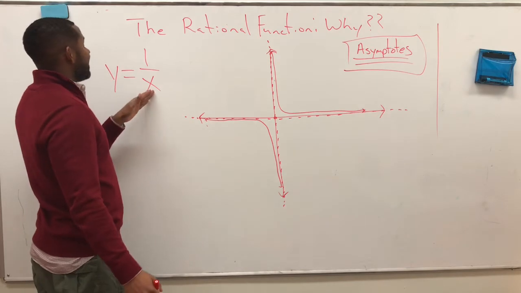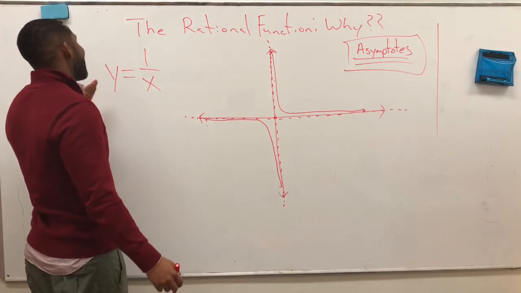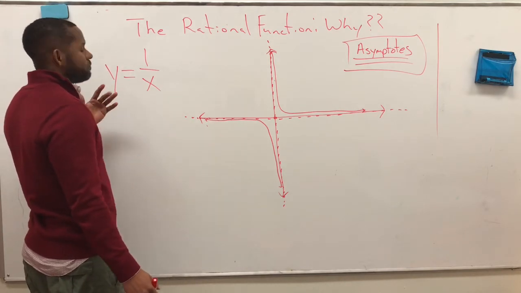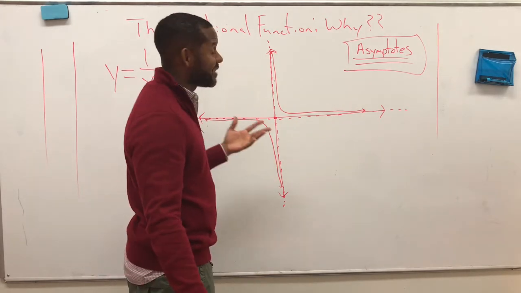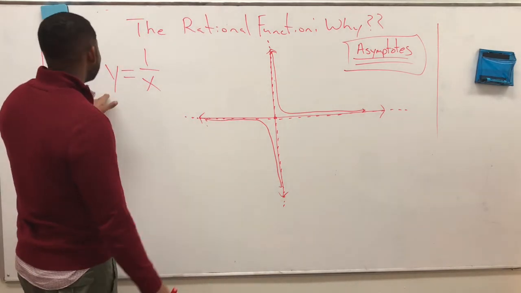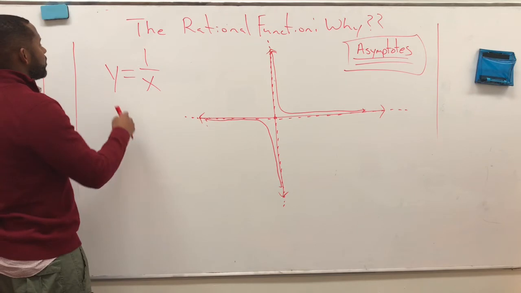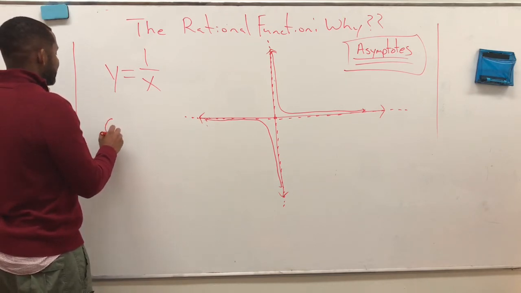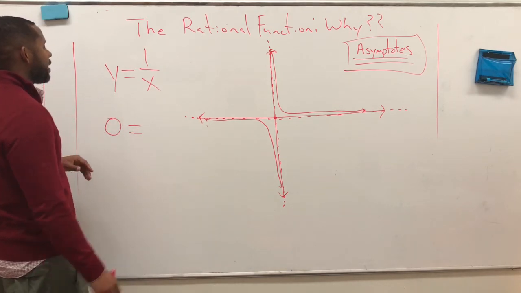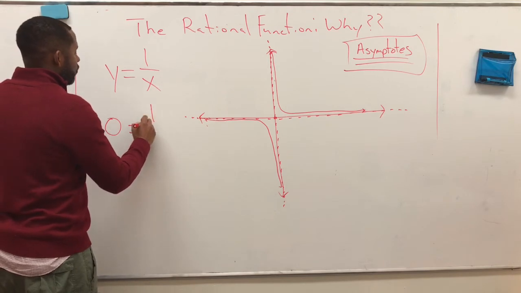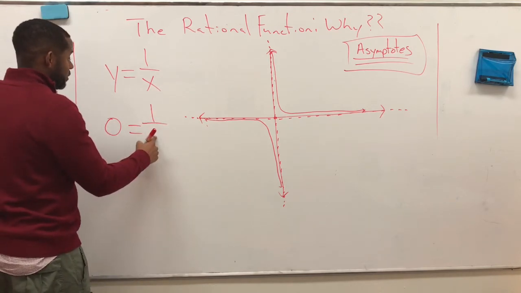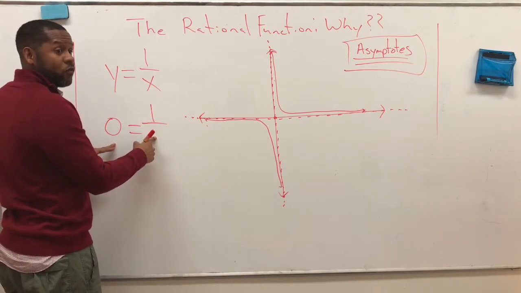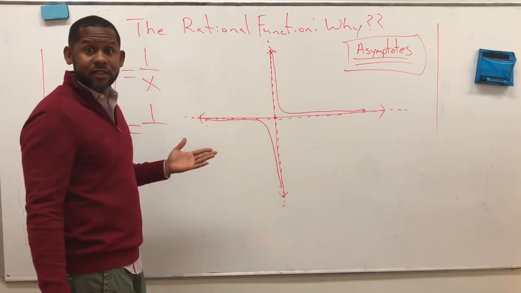Let's think about my outputs. I could never get 0 for a y value because if I have 1 over a number, it's never going to be 0.